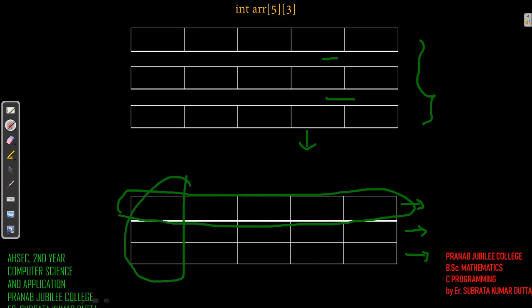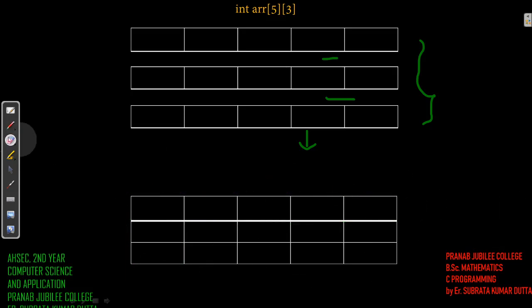How many columns are there? 1, 2, 3, 4, 5, so 5 columns and 3 rows. If you can recall your mathematics classes where you studied matrices, fine.